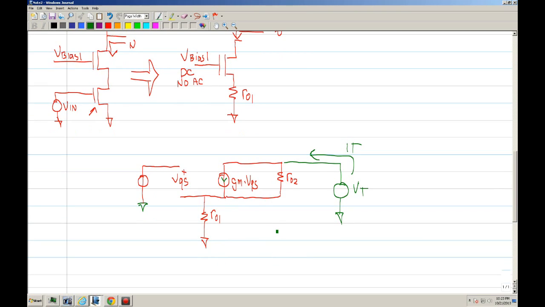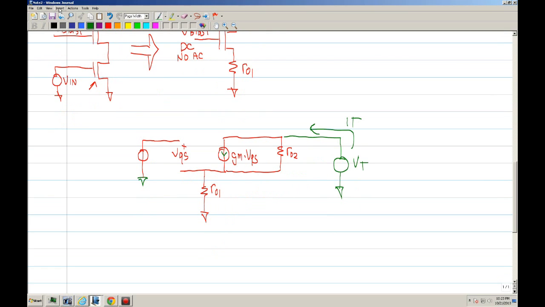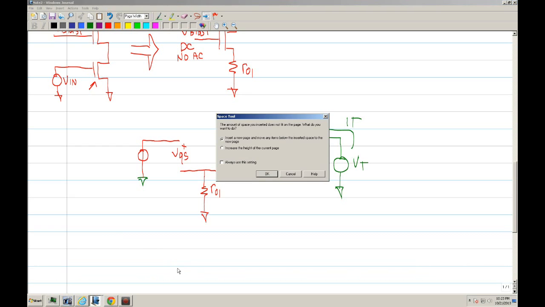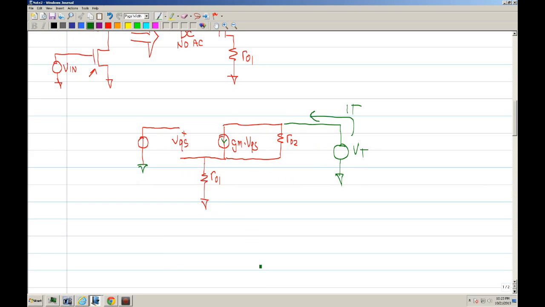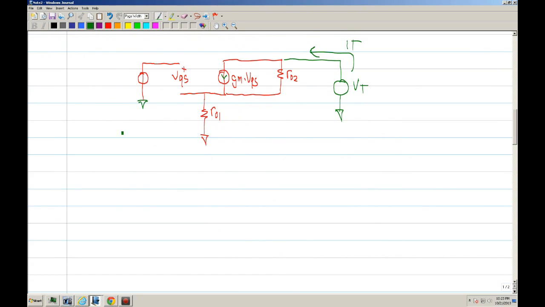Okay, so this is a small signal model, and maybe add a little bit more room. Okay, so we know this is shorted, and this is gate, source, and drain.